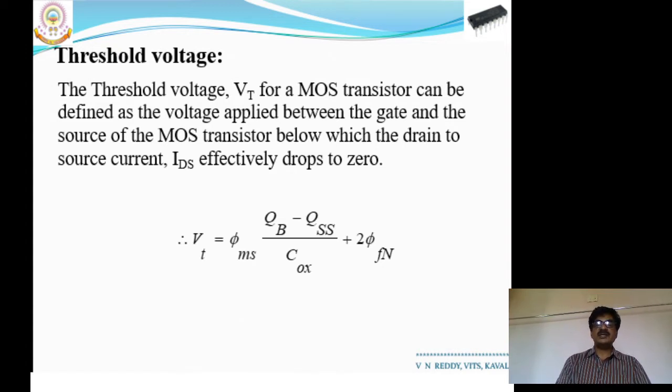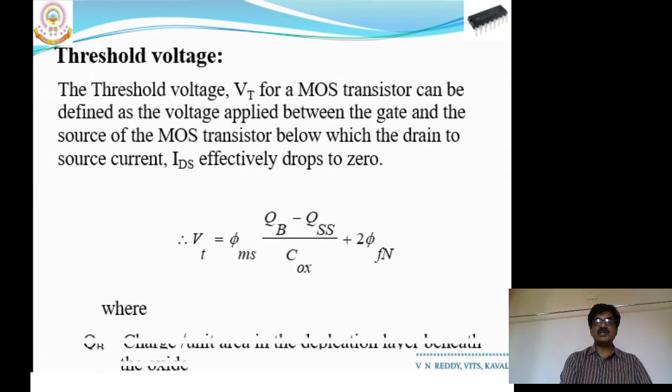Here the slide shows the expression for the threshold voltage and the parameters it depends on. Just remember this formula and the various parameters. QB is the charge density in the depletion layer under the oxide.